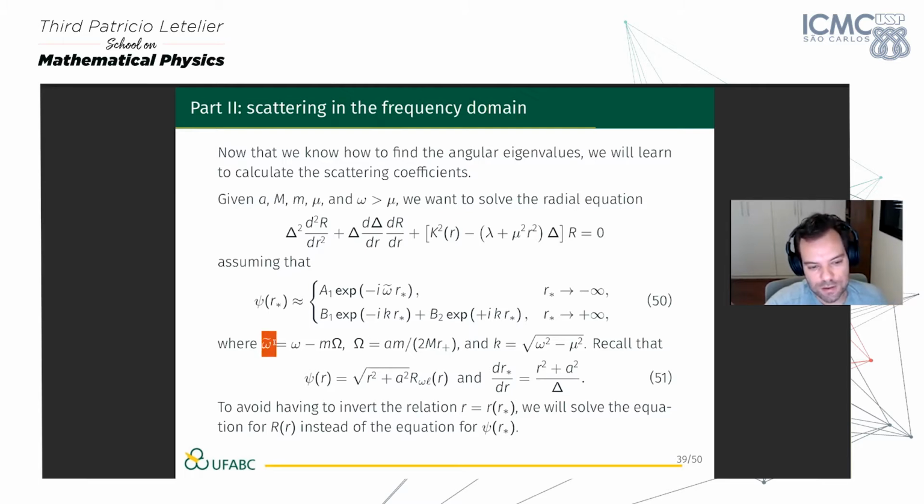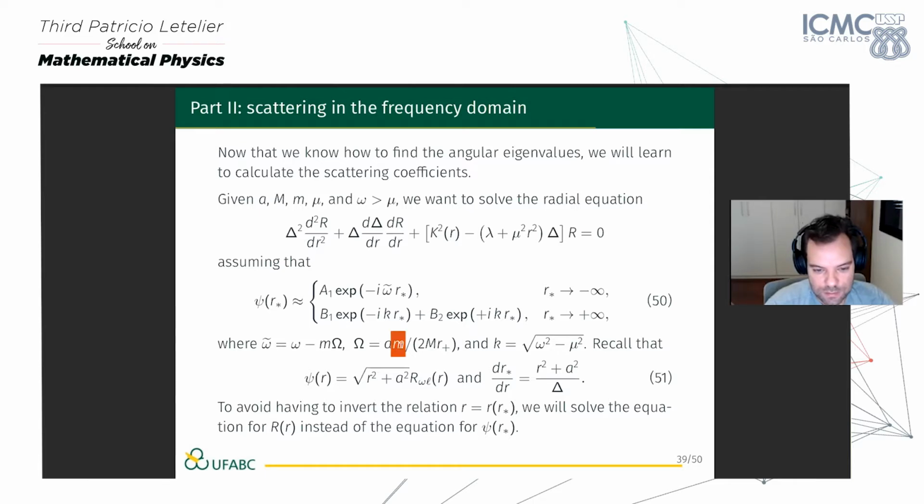So omega tilde is this effective wave number that shows up here, and it basically depends on the azimuthal number m of the wave and on the angular velocity of the black hole. And this angular velocity of the black hole is given by this term here.